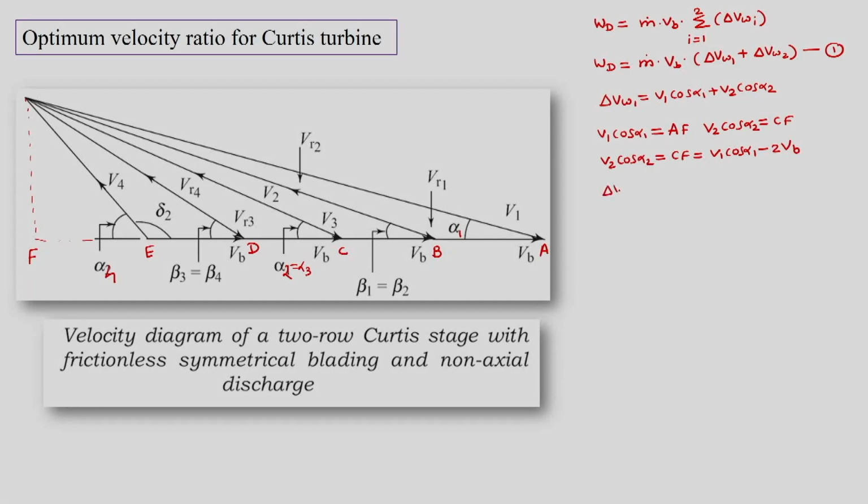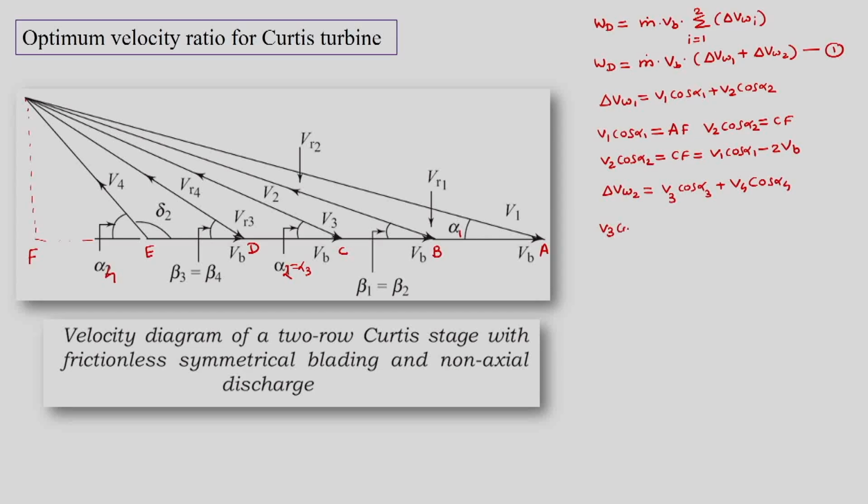Further, delta VW2 is equal to V3 cos alpha 3 plus V4 cos alpha 4.